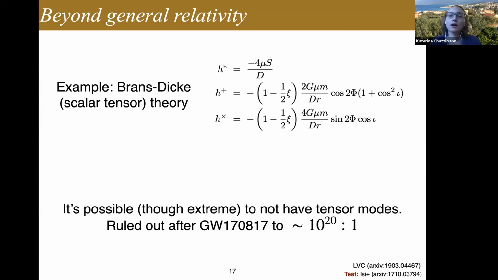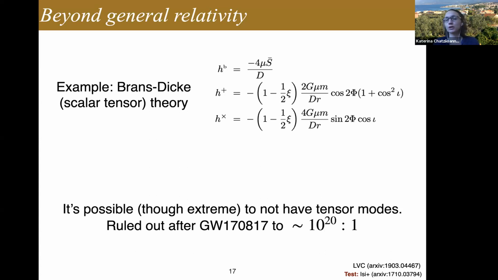Yeah, so I'm going to describe how this goes for this example. This is Brans-Dicke theory, and those expressions have been calculated. So to leading order, the plus and cross have a phase that is twice the orbital phase, right? So this is cosine 2 phi, sine 2 phi. You're exactly right that the same generation process and the same binary motion generates the scalar mode, but the harmonics are not the same. The scalar mode in this case is represented by this S bar.